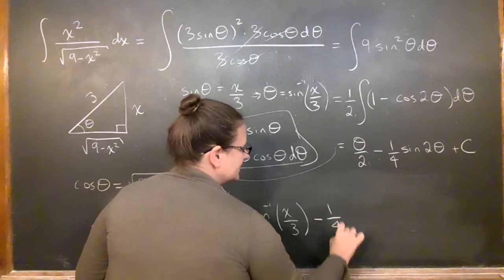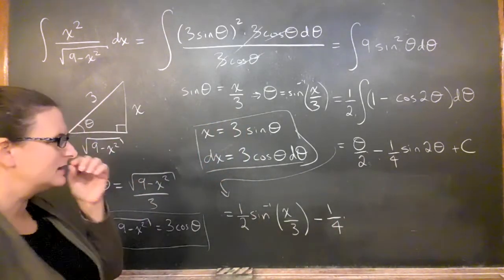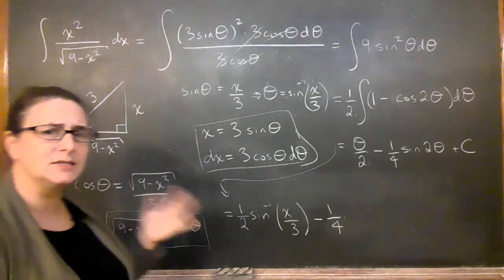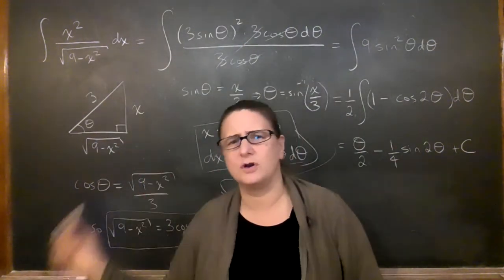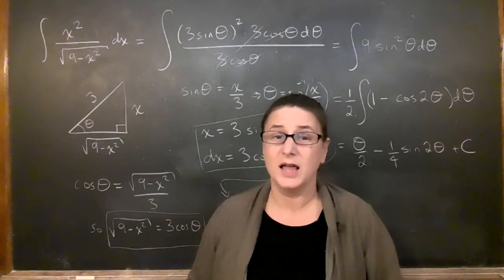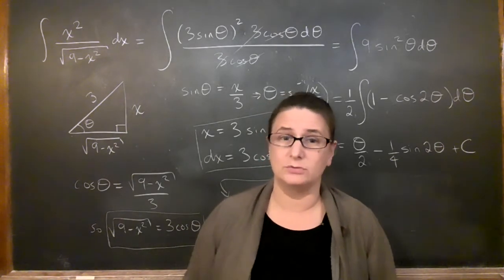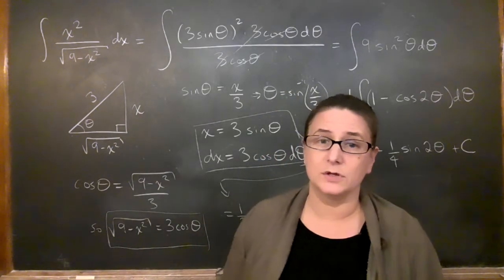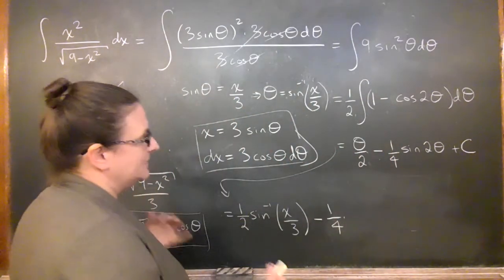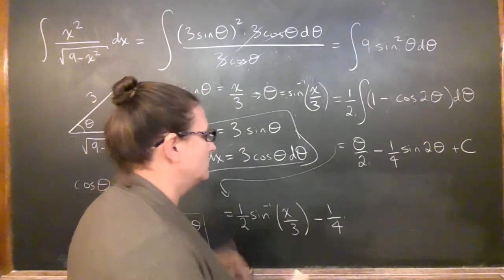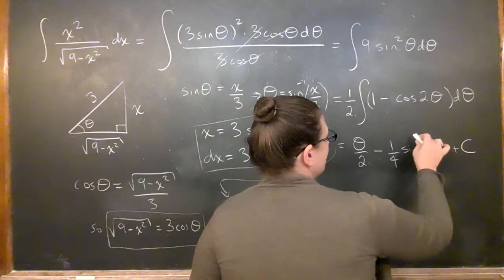But now this second part, I've got a little bit of a problem, because if you remember from doing this stuff with trigonometry, with the triangle and then with the 2 theta, if I want sine of 2 theta, it's not 2 times sine of theta, right? I have to use some kind of identity. So in this case, the identity I need to use is 2 sine theta cosine theta, right?